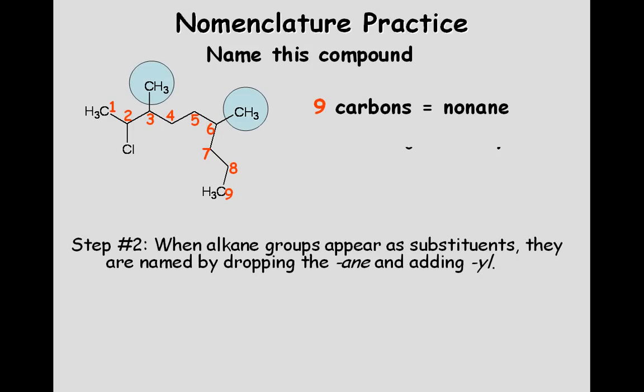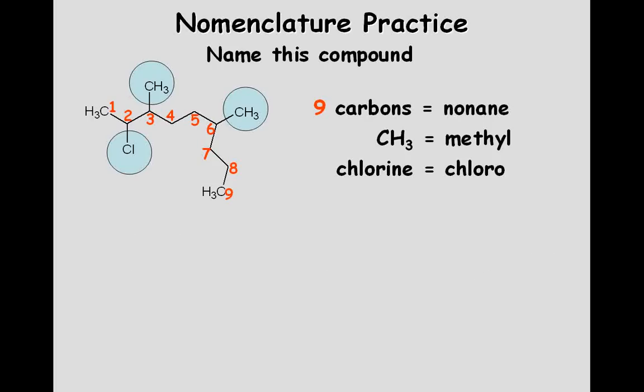So those 2 in blue, each one would be called a methyl group. And then Cl, and this applies to all of the halogens, so fluorine, chlorine, bromine, and iodine, you simply drop the INE ending and put O in place of it.